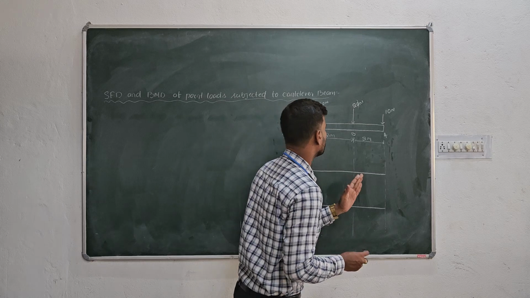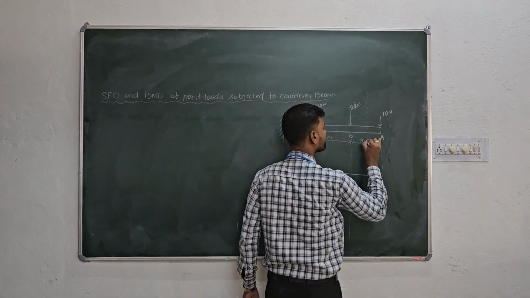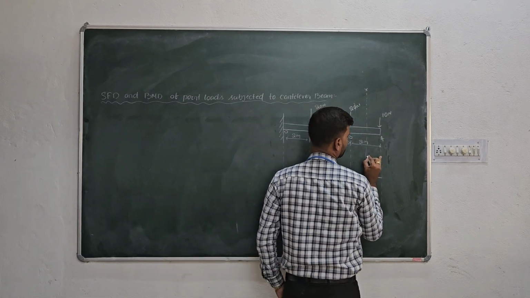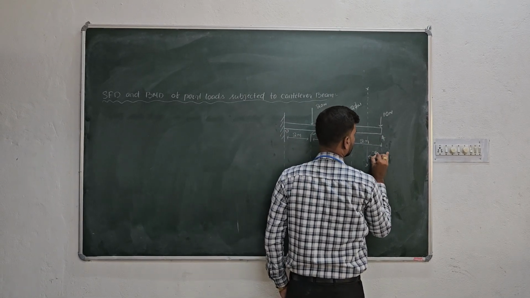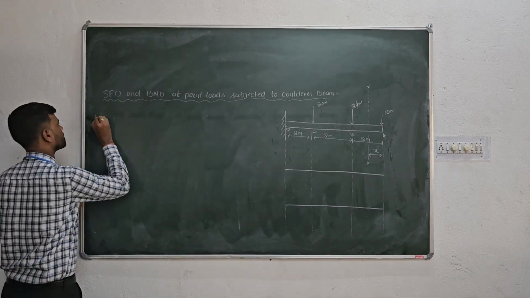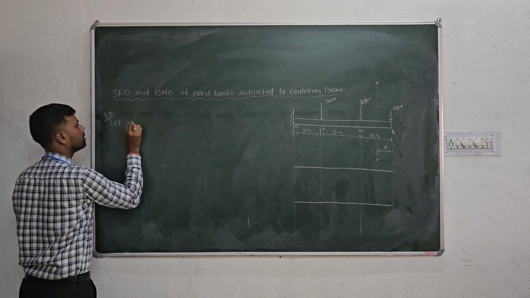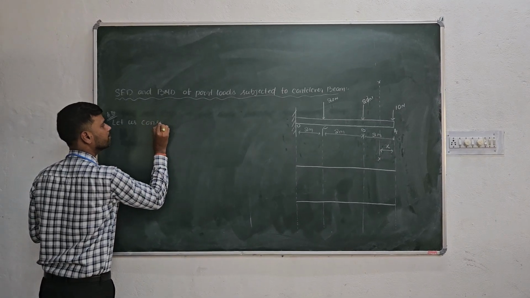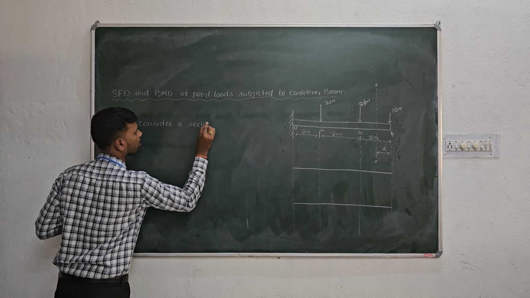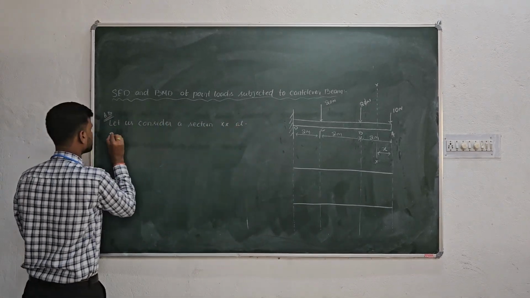For this purpose, I will consider a section XX at a distance x from A, for section AB.